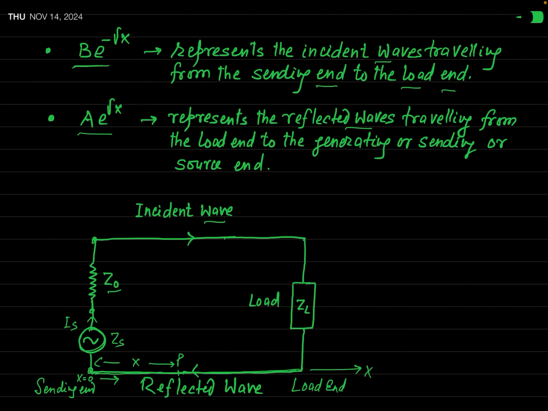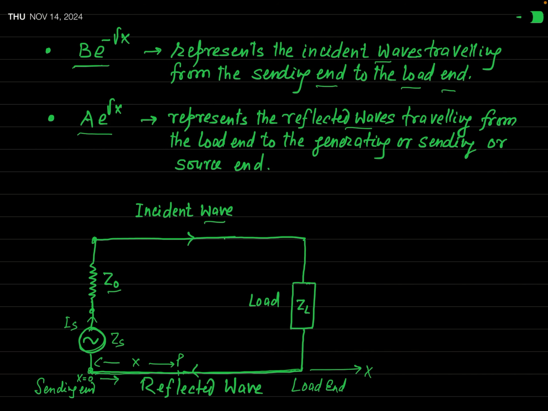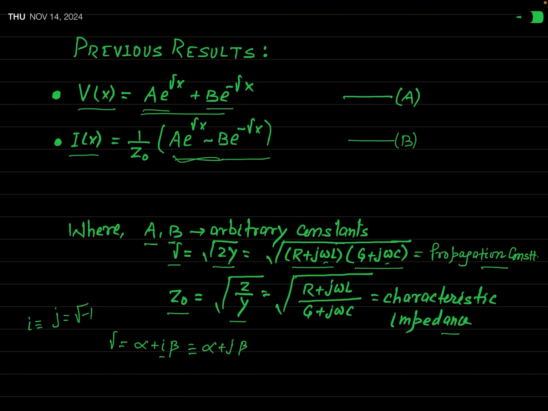So Is times Zs, in accordance with Ohm's law, will be the measure of this Vs. Now we will apply this condition, that is, at x equal to 0, I is equal to Is and V equal to Vs, where Vs is equal to Is into Zs. This boundary condition we will now apply on our basic equations for A and B, which we have mentioned here, and this equation we have seen in my previous video.